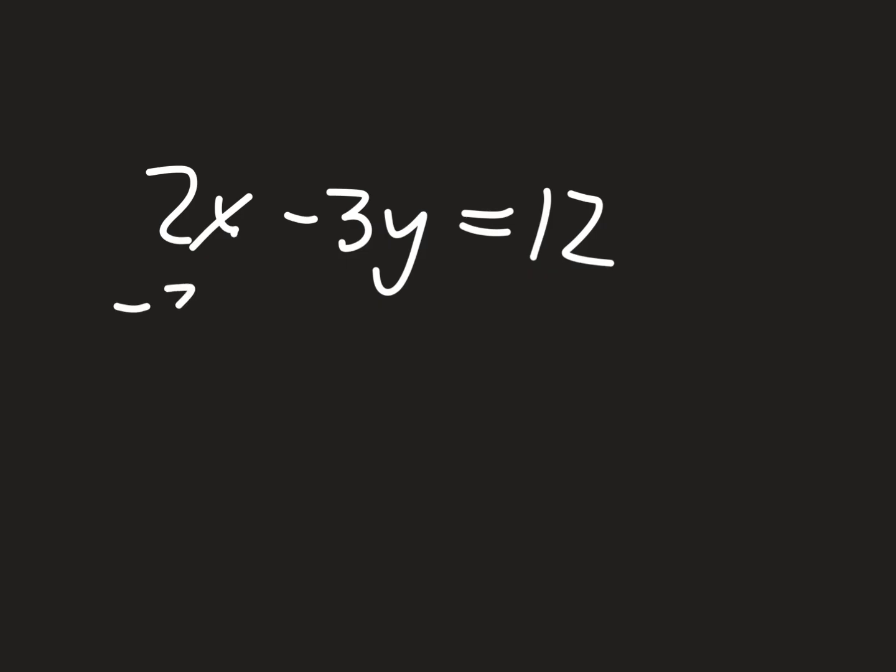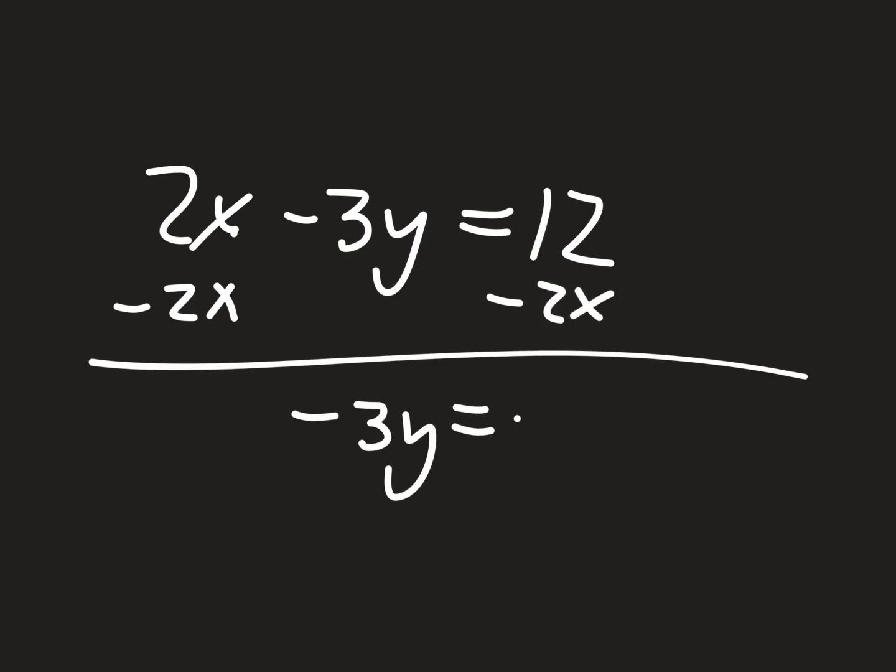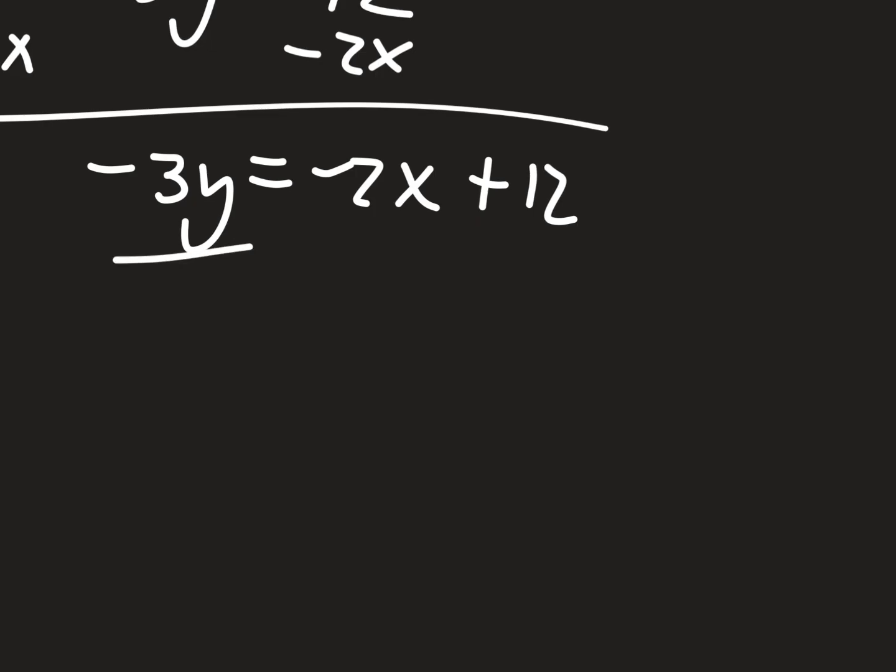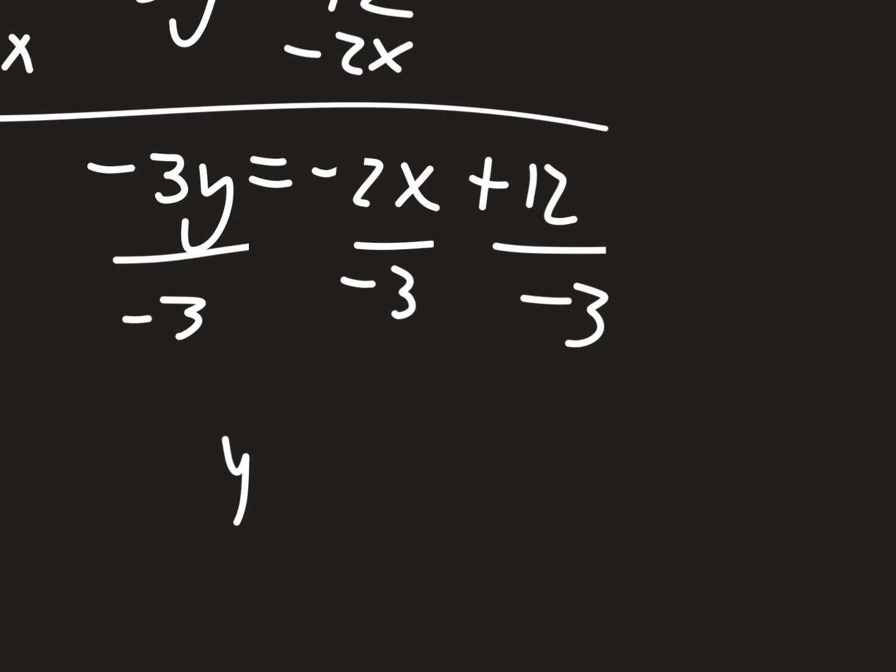All right, so I'm going to subtract 2x from both sides. Now I have negative 3y equals negative 2x plus 12. And then I'm going to divide everything by negative 3. That's a negative up there. And I have y equals, the negatives cancel, 2/3 x minus 4.